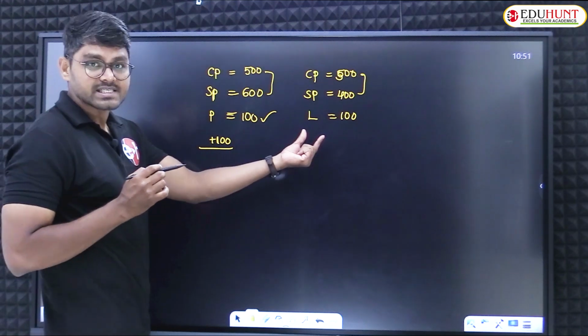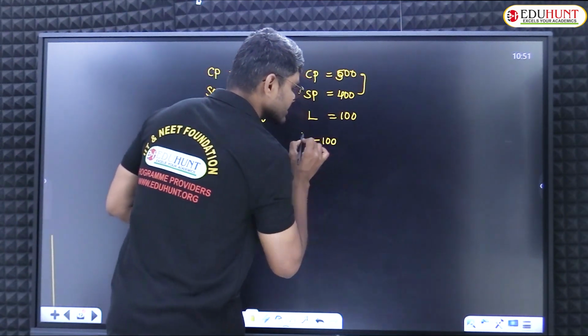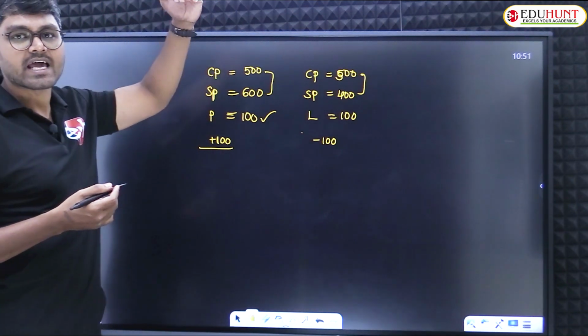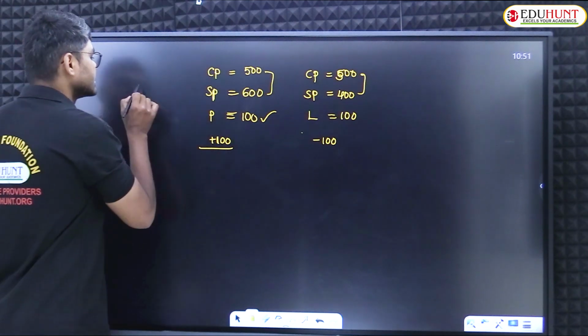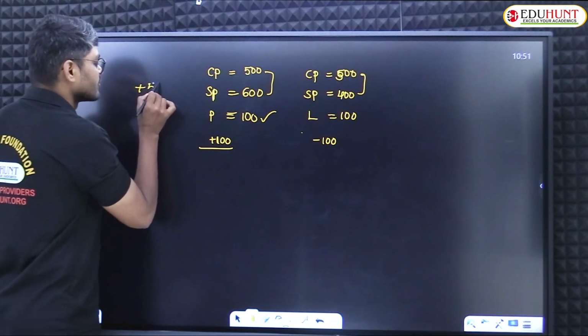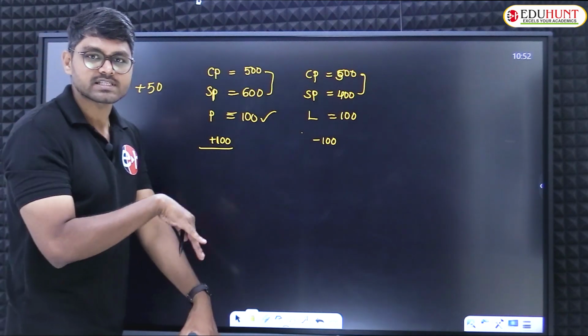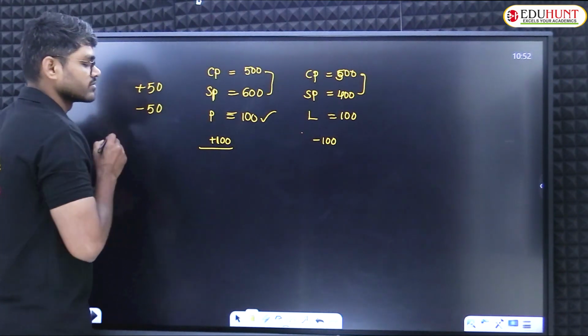That means this loss is represented in integers as minus 100. If I go 50 meters above the sea level, that is represented as plus 50. If I go 50 meters depth below the sea level, then that is represented as minus 50.